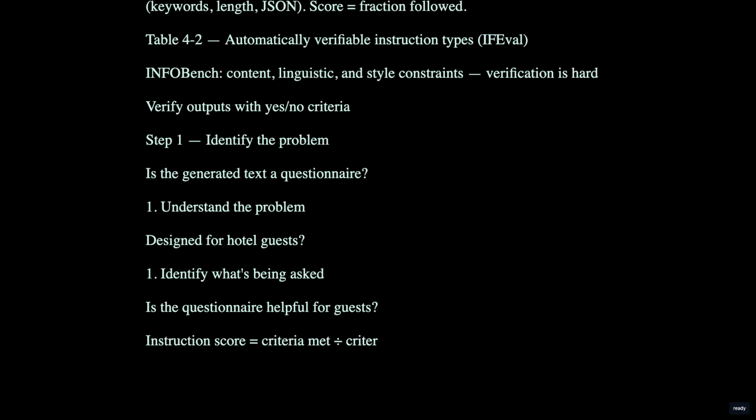Each instruction has one or more yes/no criteria that an evaluator answers. The instruction score is the count of criteria met divided by the instruction's total, for example, 2 out of 3, 2/3. The model's final benchmark score is the sum of all criteria met across instructions divided by the sum of all criteria.